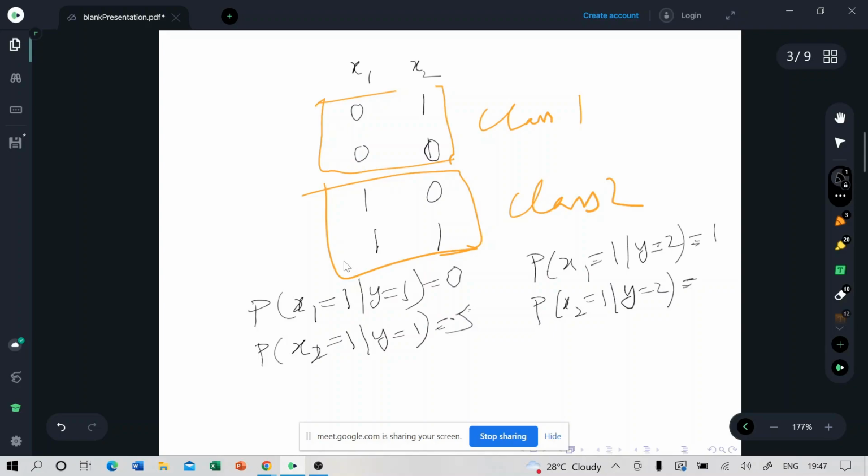Then the second bit of x bar is equal to 0, so we need to multiply probability of x2 is equal to 0 given y is equal to 1. And the last bit of x3 is equal to 1, so we need to multiply probability of x3 is equal to 1 given y is equal to 1, right?